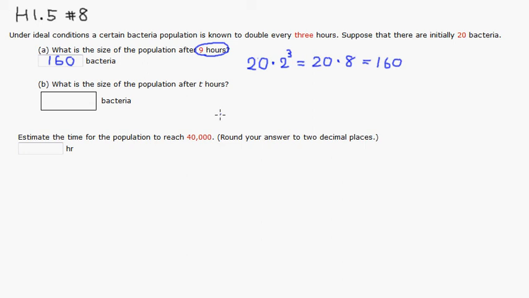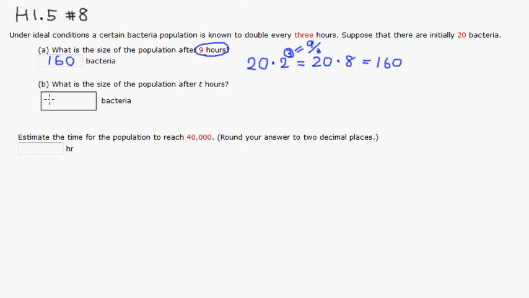All right. Then we're going to look at the size of the population after t hours. Remember that this 3 times can be found by taking the time, 9 hours, and dividing by 3, because this happens every 3 hours. So if the time is t, we divide t by 3, then raise 2 to that power.